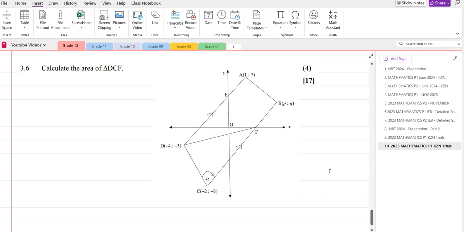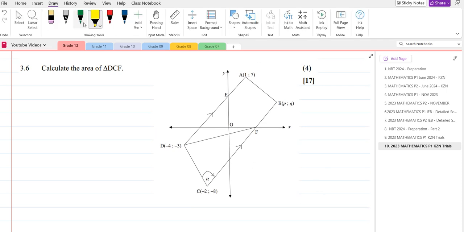Okay. Right, so let's see. To solve this problem, first we need to look at DC. We're going to calculate side DC and side FC. So I need the distance DC. Use the distance formula. DC, right? So C is my final point, so I'm going to say minus 2 plus 4 squared.